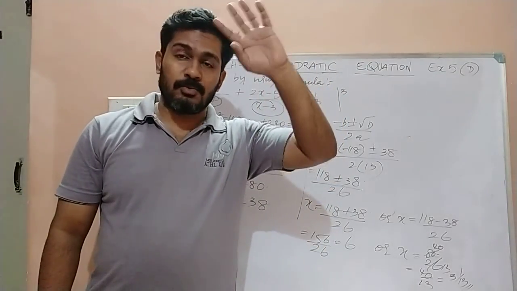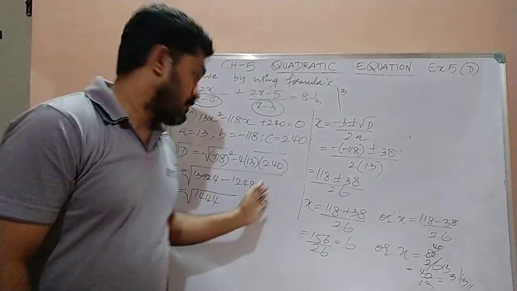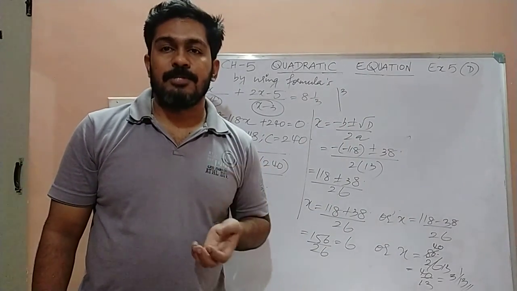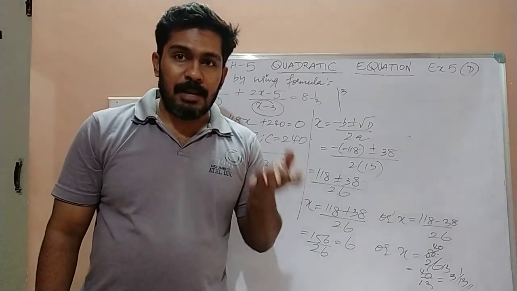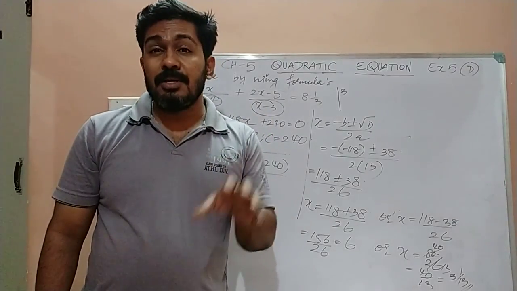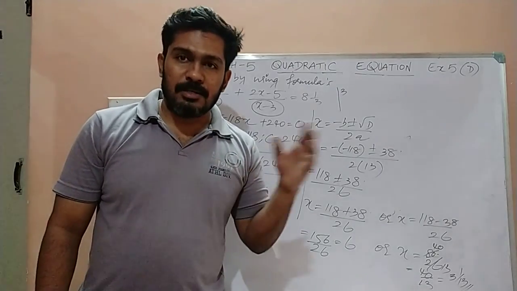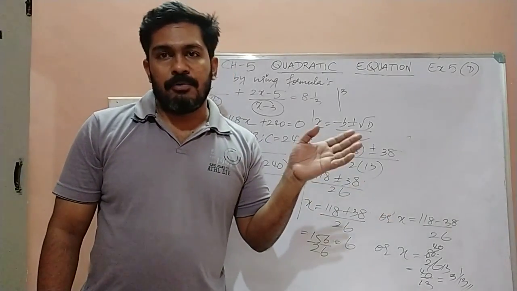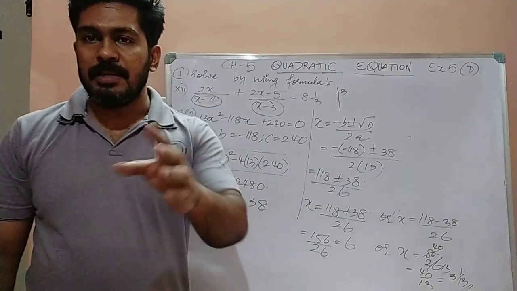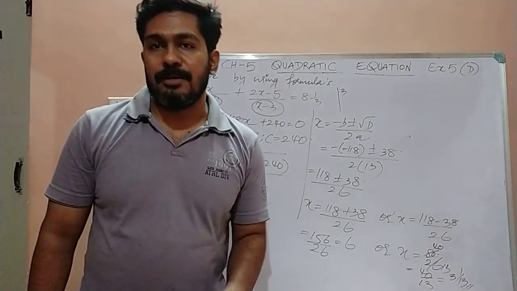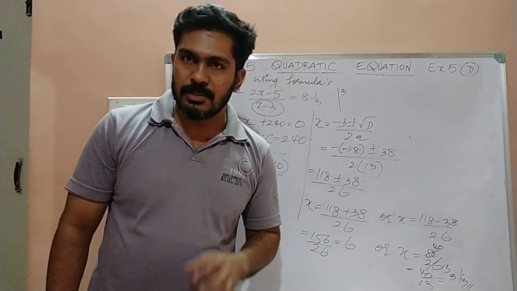And you will have to find the square root of bigger numbers than this, like 1,444. In that case, if you are thorough with the long division method, that will actually help you to solve the sums in minimum time. So just practice the long division method, and if you have a doubt, as I told you before, please comment. I will come up with a new video only for the long division method. Okay, so please do practice.